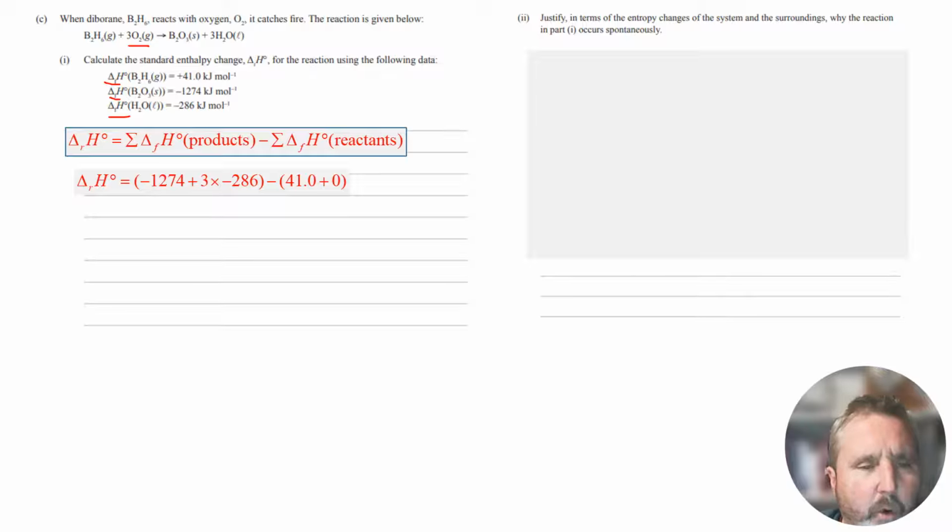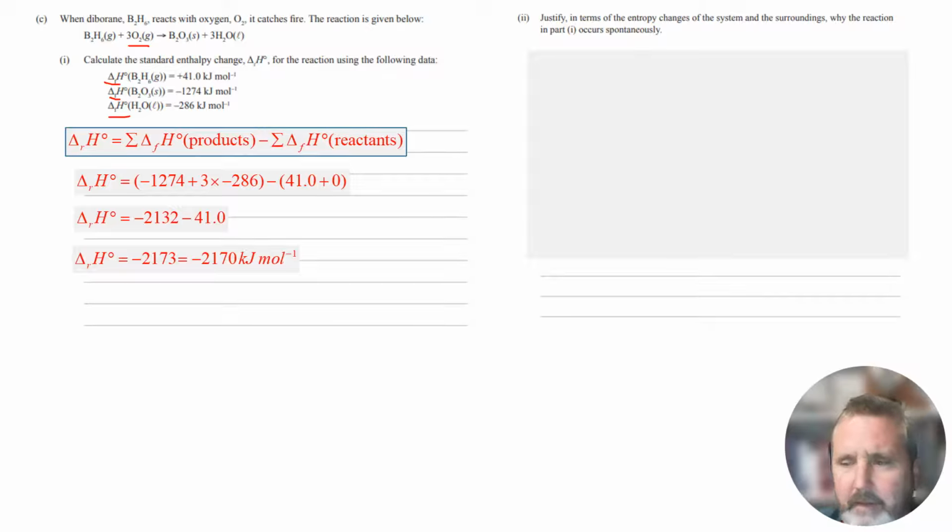Then we subtract all of the reactants, which is the value for diborane, positive 41, plus the value for oxygen, which is 0 because it's in its element form. We then simplify these and we get delta rH equals negative 2,132 minus 41. So we've just simplified, taken the values out of the brackets, and we get an answer of delta rH equals negative 2,173.